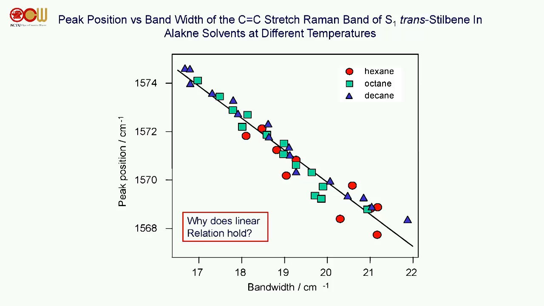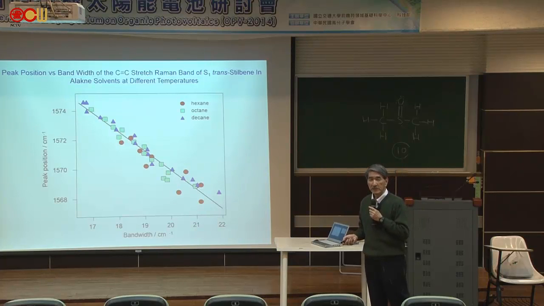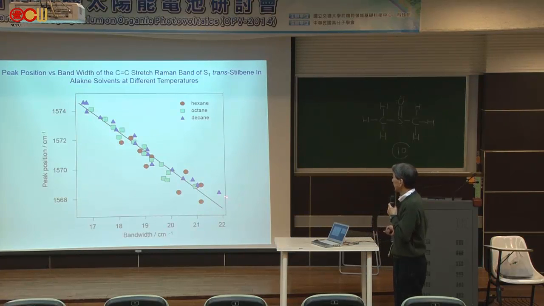So this is a plot of peak position and bandwidth of the same band measured in hexane, octane and decane at different temperatures. We plotted the peak position on the y-axis and the bandwidth on the x-axis. And we were very surprised that all the data were on this very nice straight line. Why peak position and bandwidth are related so nicely, we had no reason at the time to explain.